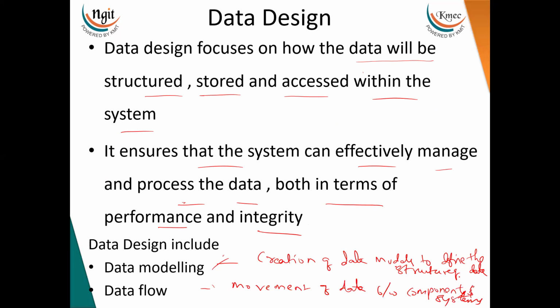Comments also will have the author, the text, or the timestamp of that particular comment and all those things. Okay, the flow of the data might involve user actions, like posting a comment, which will trigger an update in the database and notification to the relevant user and all those things. This is how the data modeling and data flow under the data design work.